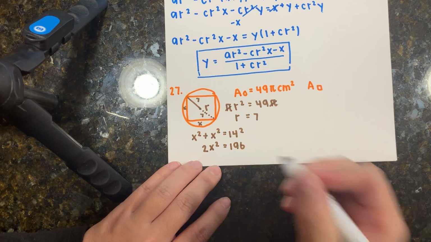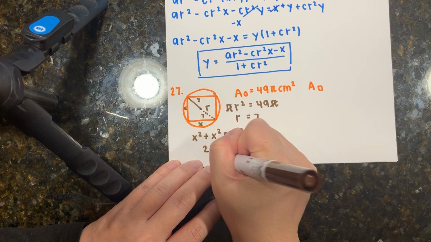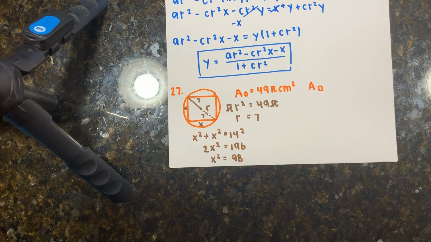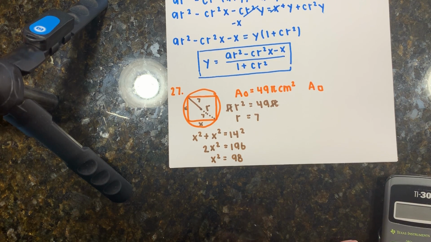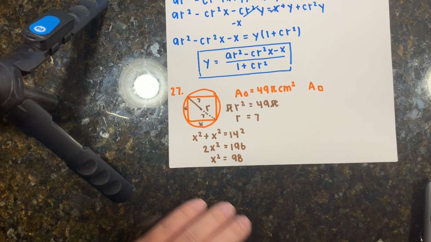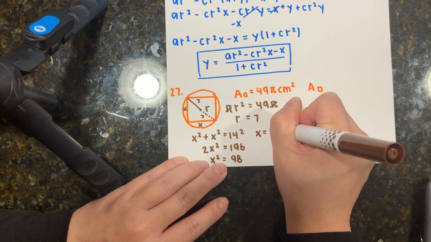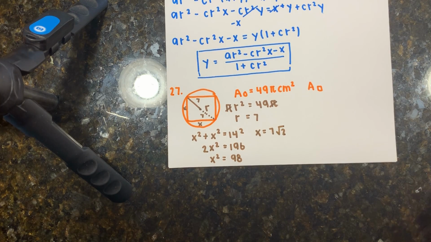Divide that by 2, x squared is equal to 98. There is no square root of 98, but I can simplify the square root of 98 to 7 root 2. So the length of each side of the square is going to be 7 square root of 2.